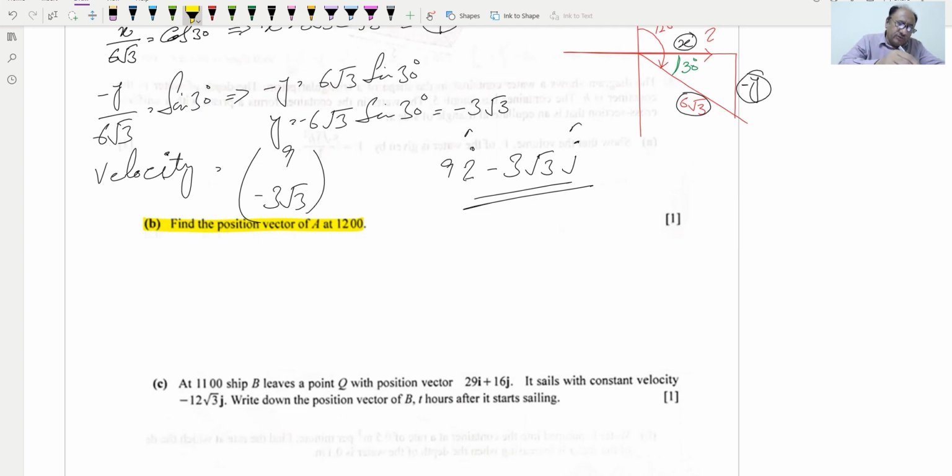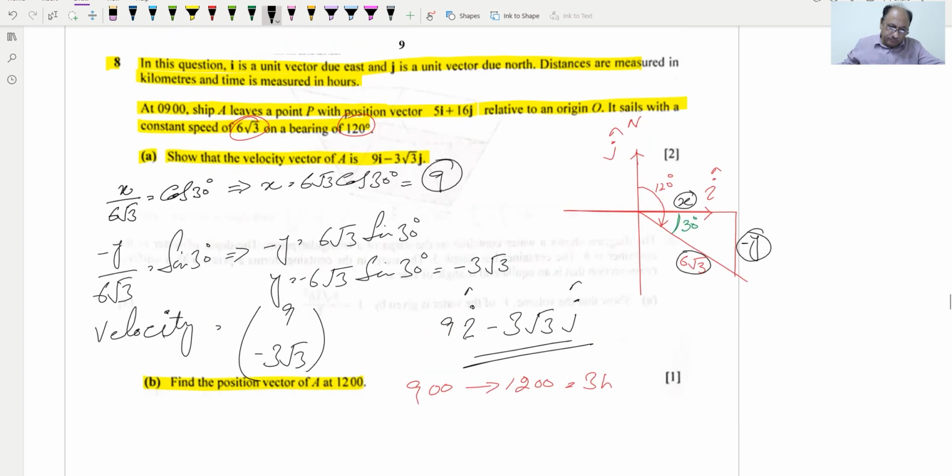So from 9 to 12 it will be 3 hours. So we can write, this will be starting at 9 from this position, which is 5i plus 16j.